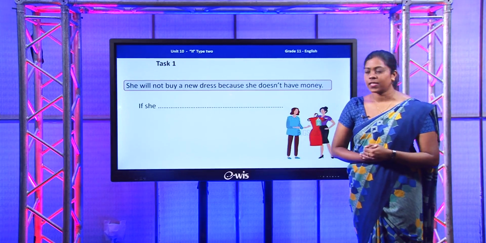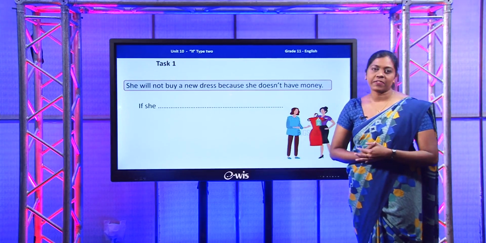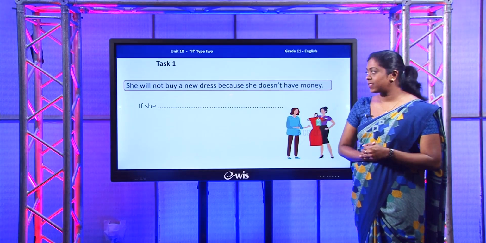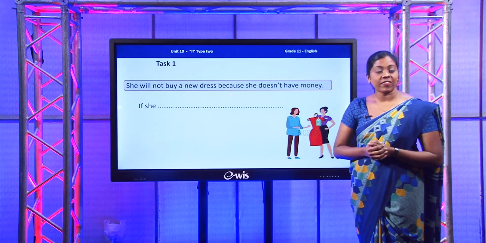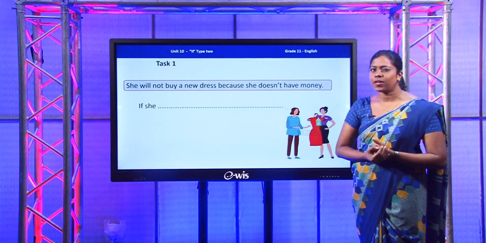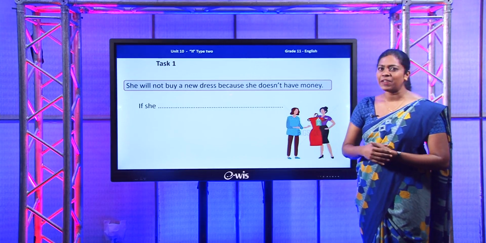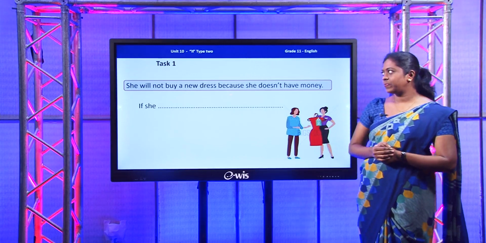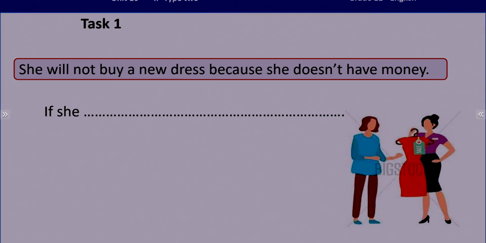Another task. This is a little difficult, okay, because I know that you are clever children, so I thought of giving you a little difficult task, right? Give it a try. Look at the picture and look at the sentence given. She will not buy a new dress because she doesn't have money, right?